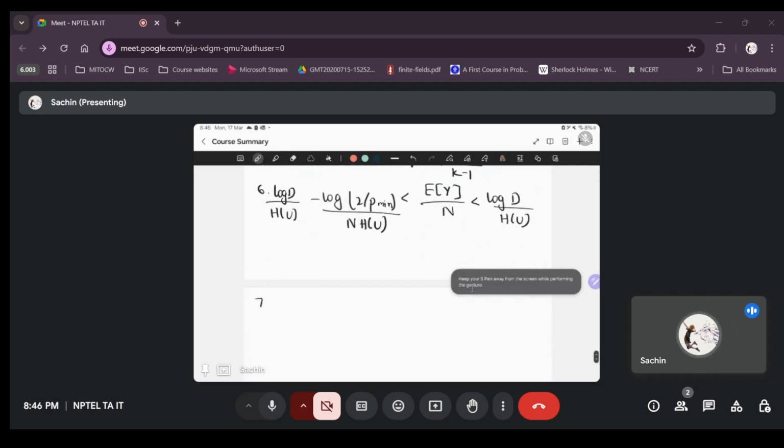Next, we have results on the asymptotic equipartition property, which is useful for block-to-block coding. We have the weak law of large numbers.